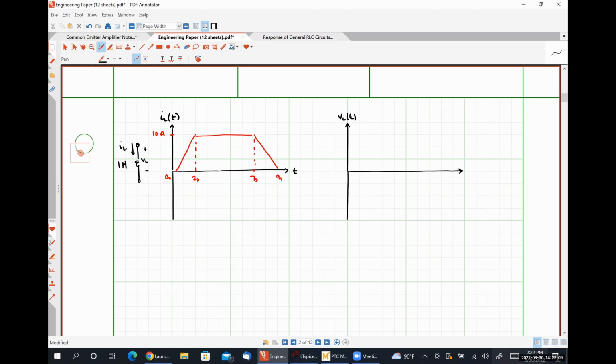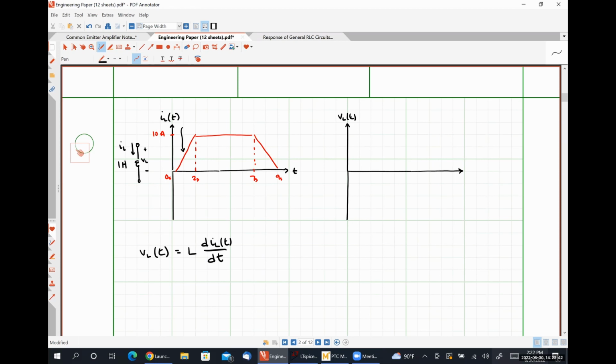Right? So since VL is given by L times dIL by dt, we can infer that whenever the inductor current is changing is when we'll actually see a voltage. So in this region right here, where t is between 0 seconds and 2 seconds, our current is changing.